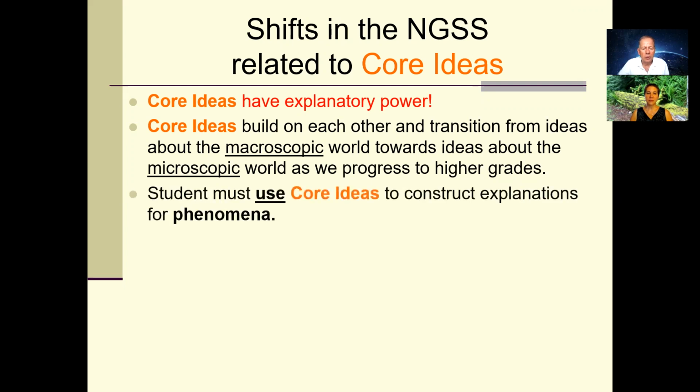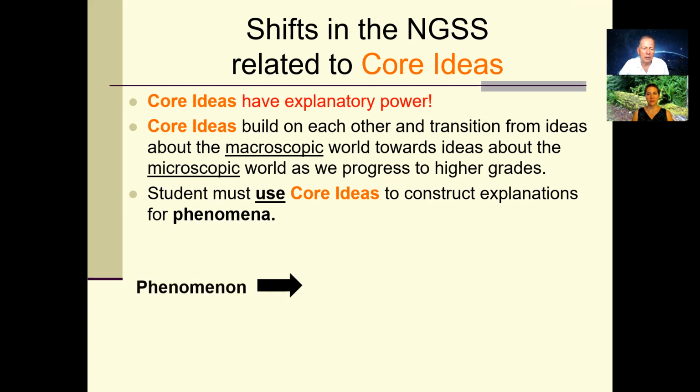So when students use these core ideas, they can construct explanations for phenomena. And as they go from elementary to middle and high school, they can construct increasingly sophisticated explanations.